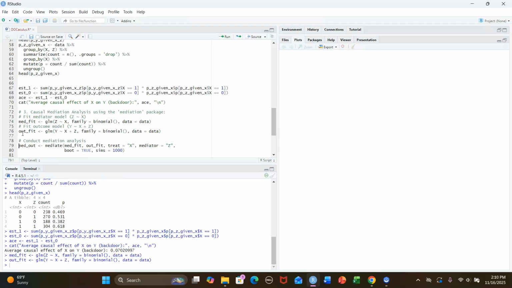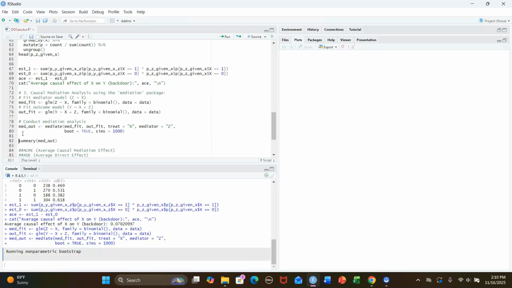Okay, and then we can conduct the mediation analysis using the mediate function in the mediation package. So the mediate, med fit, and out fit, treatment equal to X, mediator equal to Z, bootstrap equal to true, and simulations equal to 1,000. And that takes some time. It's doing non-parametric bootstrap.